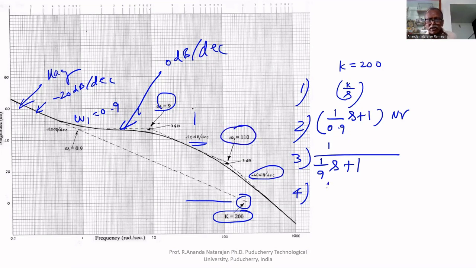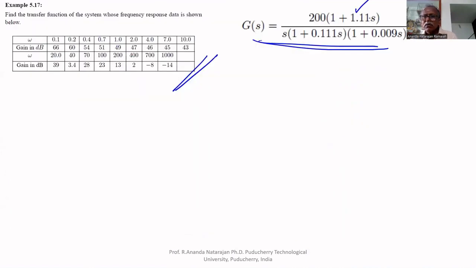Therefore, 1 by (1 by 110 s plus 1). That's all. So 1 by 0.9 is 1.11, 1 by 9 is 0.111, 1 by 110 is 0.009. So we got the transfer function.